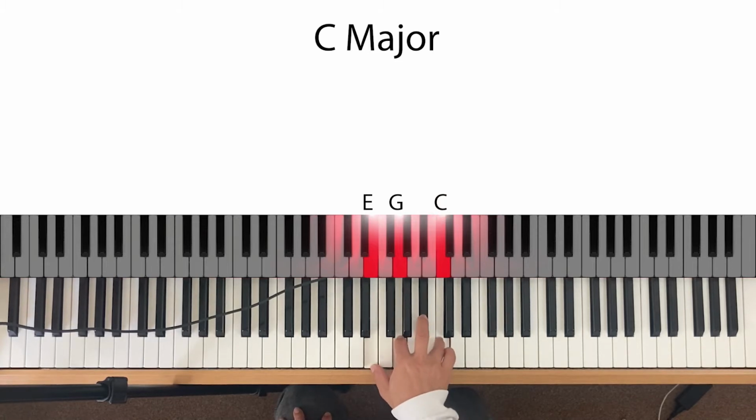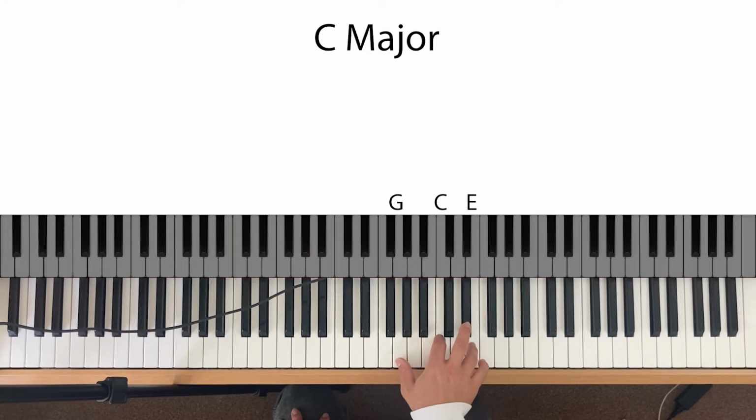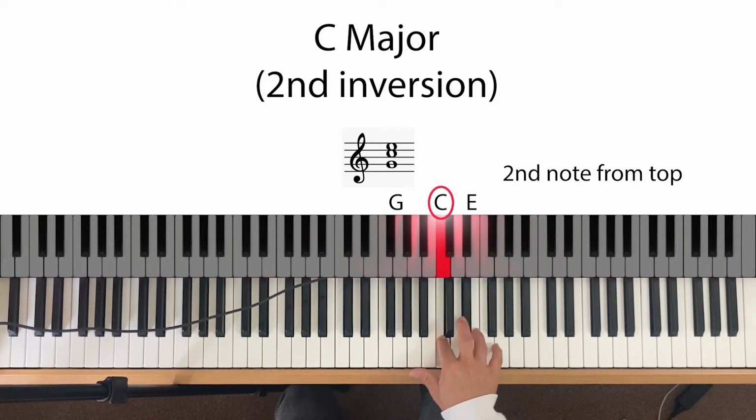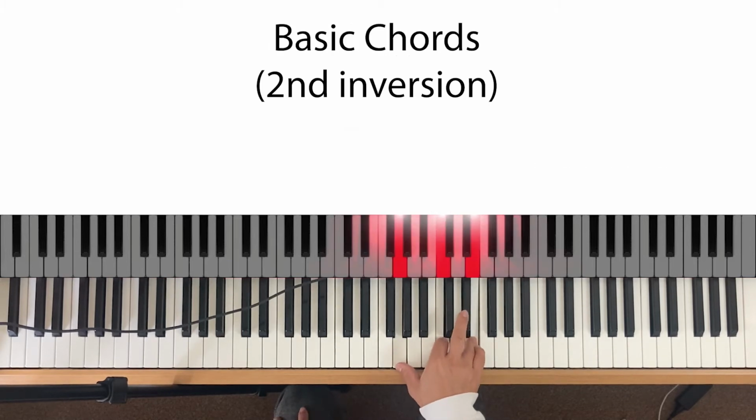Now there's another shape we can do if we take E and we paste it at the top now, so that we have the root of the chord in the middle, making it the second inversion. The reason we know this is the second inversion is because we can start by counting at the top of the shape and go 1, 2, and find that the root of the chord is now the second note from the top. Again, I could play a series of chords from this shape as well.